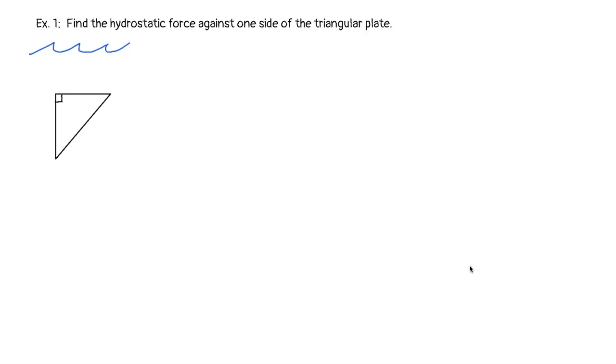So let's say that this plate has a base of 5 meters. And let's say that this triangle also has a height of 4 meters. Okay, so 5 meters by 4 meters. And it happens to be the top of the plate is 3 meters under the water.